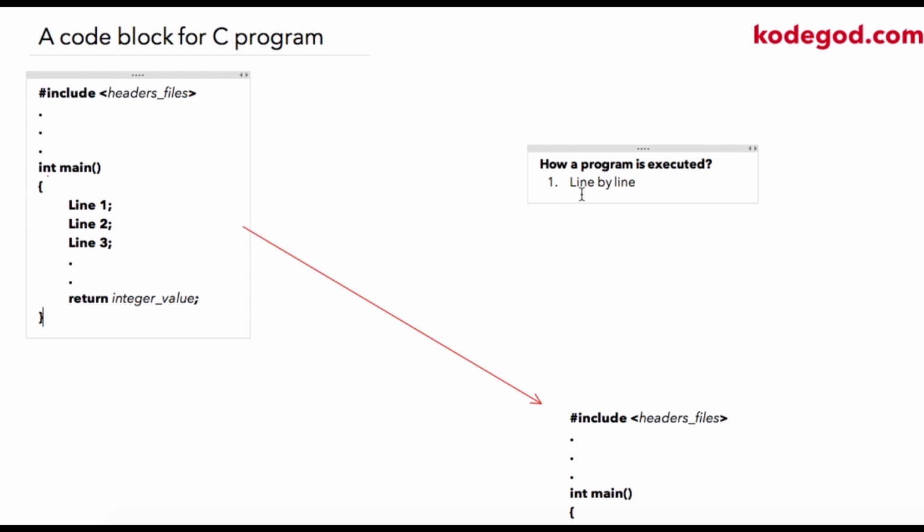So when I say a line, it's basically an instruction that we are providing to the computer. So the computer executes your code block instruction by instruction. That is why it is necessary to understand how exactly we can instruct the computer in a stepwise manner so that we can achieve our desired output.